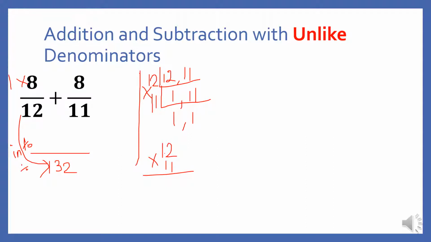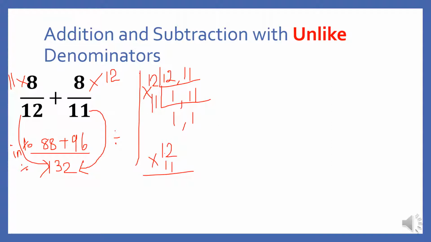The answer I get, I'm going to multiply to my numerator. 11 times 8 is 88, plus I'm going to do the same thing with the second fraction. I'm going to divide the denominator. The answer I get, I'm going to multiply to my numerator. 11 into 132 is 12. 8 times 12 is going to give us 96.